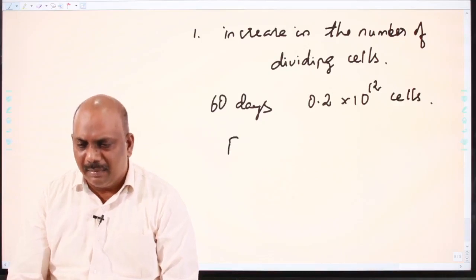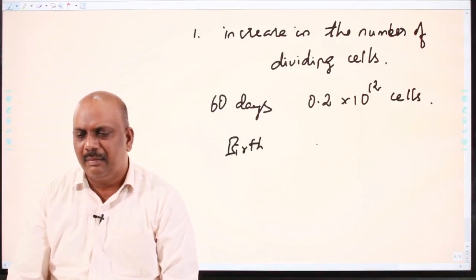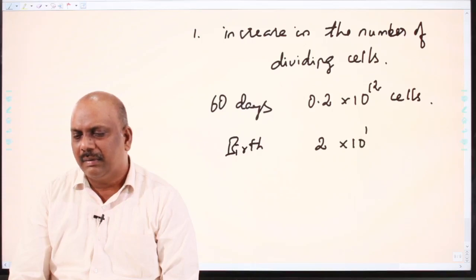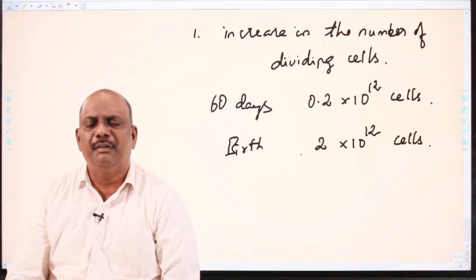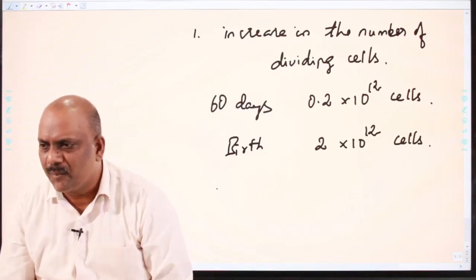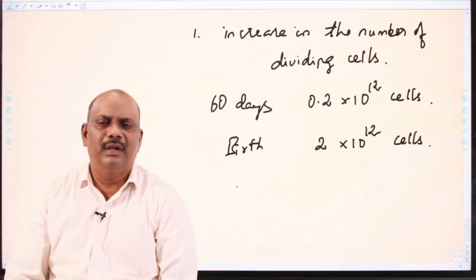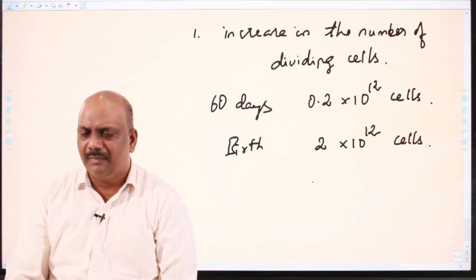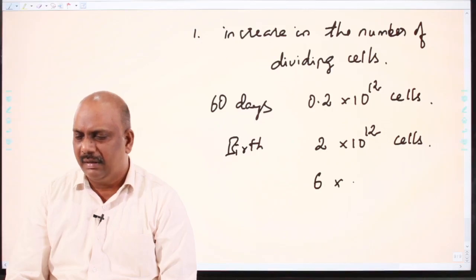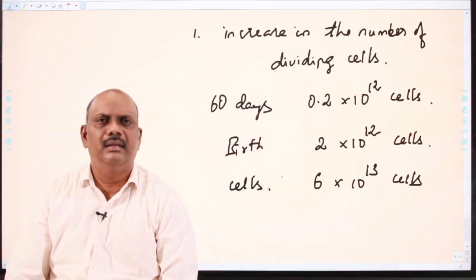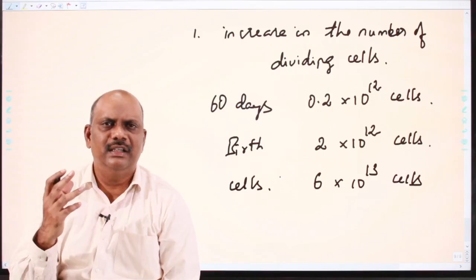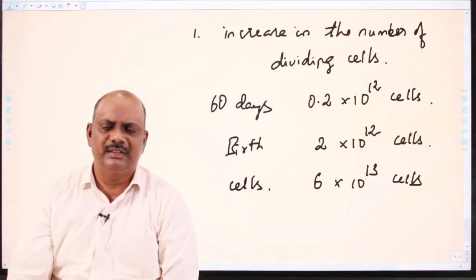At the time of birth, there will be around 2 multiplied by 10 to the power of 12 cells. For a fully grown adult, the number of cells will be 6 multiplied by 10 to the power of 30. The first important thing, there will be an increase in the number of dividing cells.